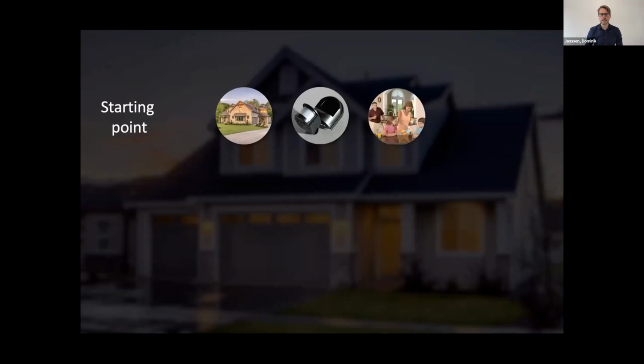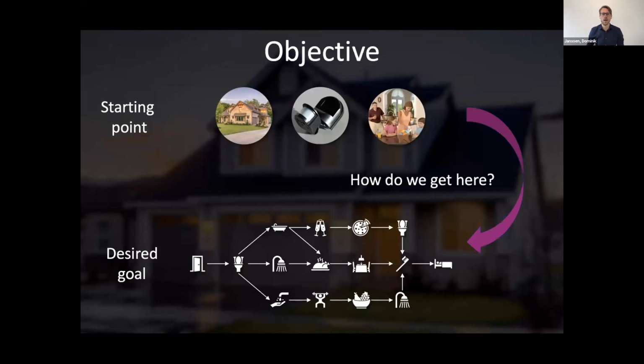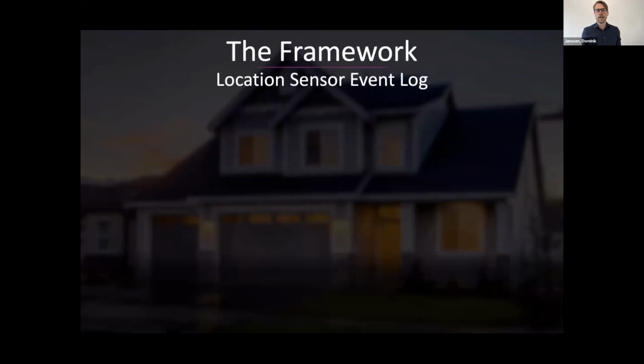That brings us to the last thing we need, the very people we want to observe. And what's our desired goal? We want to find a process model that can represent some daily habits. The question is now, how do we get here?